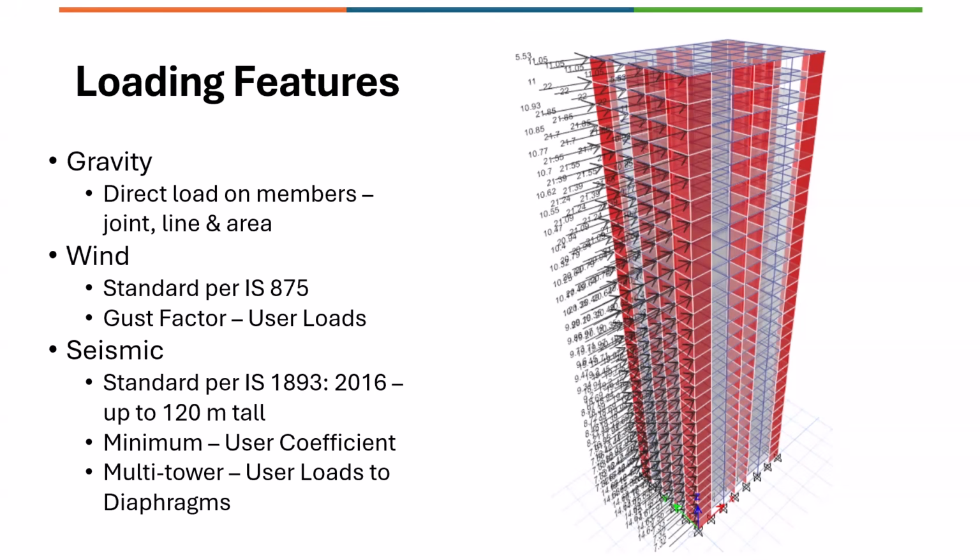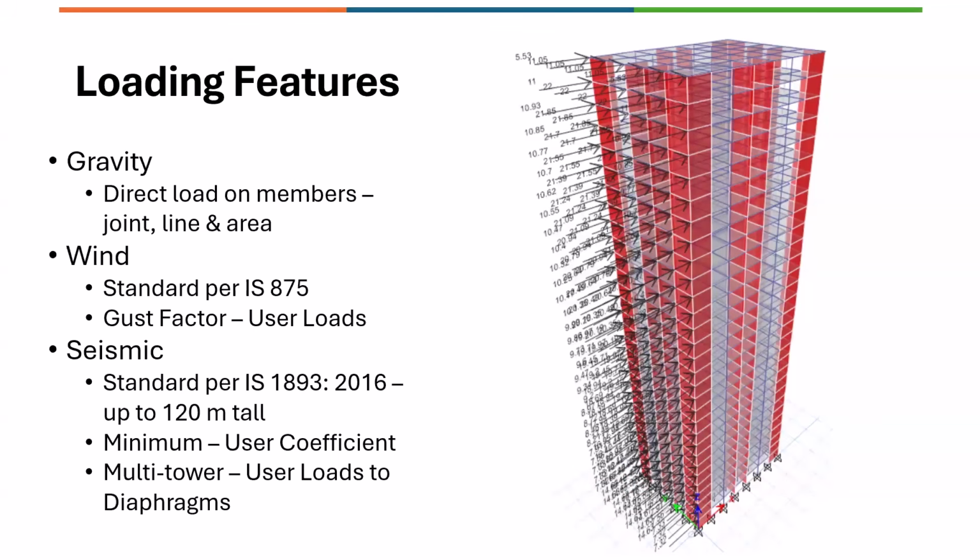And then we also have situations where multi-towers are being modeled under a common podium. So in such situations, we use user loads to the diaphragms. So we have the option to enable multi-tower option. Once we enable it, we cannot use the standard auto code-based definition.